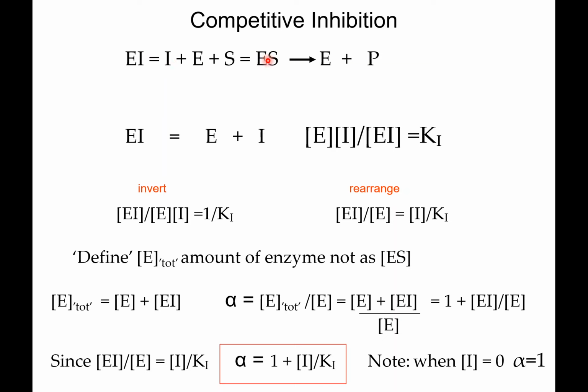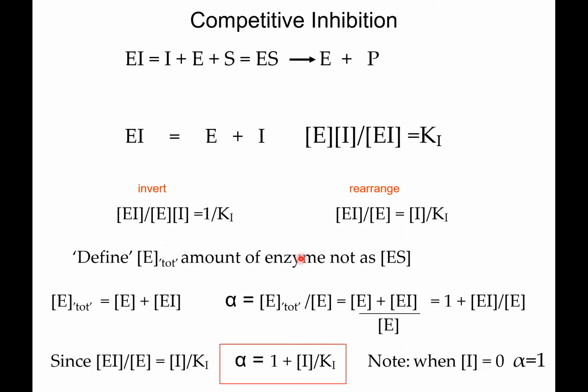It can bind substrate to form our ES complex, or it can bind inhibitor to form the EI complex. We can write at least this part of it, this equilibrium, in terms of our concentrations of enzyme, inhibitor and enzyme inhibitor complex, and we get this equilibrium constant, capital Ki.